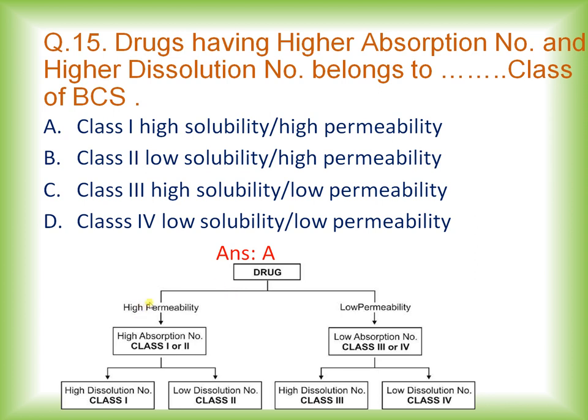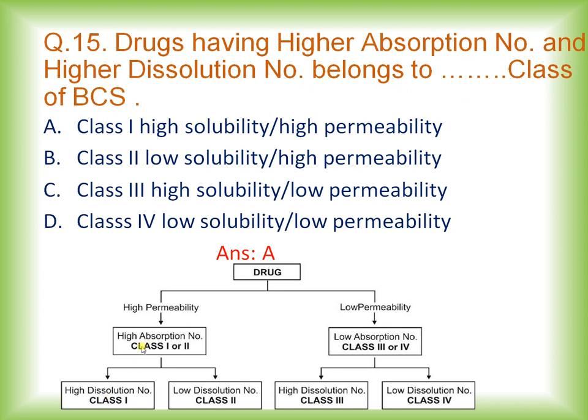If drugs have a higher absorption number, they belong to class 1 or 2. But if they have a higher absorption number and also a higher dissolution number, they belong to class 1.